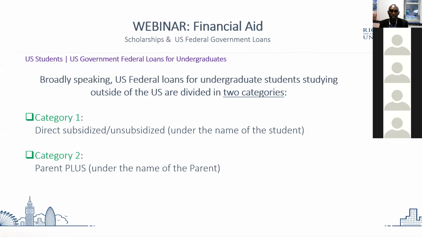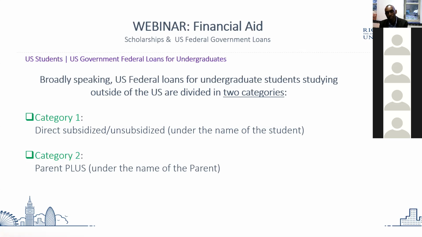Now, going into a little more detail regarding the categories of loans. Undergraduate students generally fall into either the dependent category or the independent category.